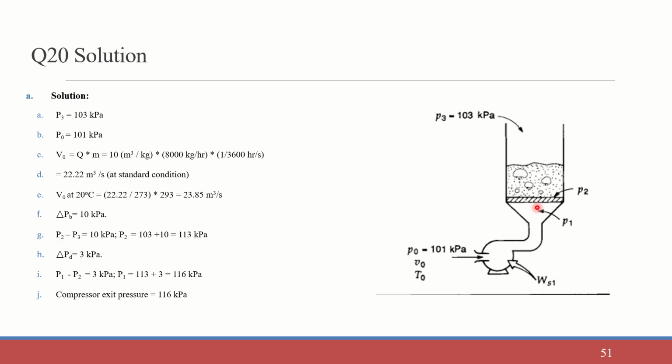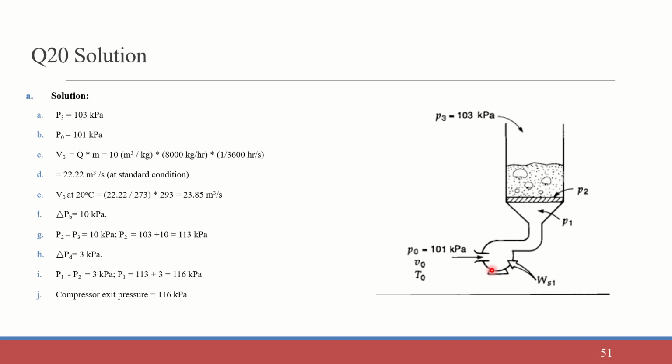P2 is 113 kilopascal, right? 103 is the exit and it has 10 kilopascal pressure drop, so P2 is 103 plus 10, which is 113. Again the distributor pressure drop we know is 3 kilopascal, so 113 plus 3 is 116 kilopascal. So the compressor exit pressure is 116 kilopascal.